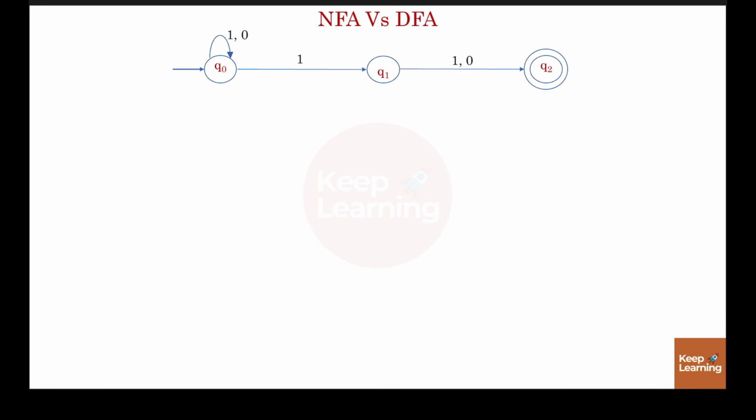Suppose this NFA is given to you and you have to identify whether it can accept this string or not. So the first input is 0. Q0 is our initial state. From Q0 by taking 0 you can reach Q0 only, and then by taking 1 either you can reach Q0 or you can reach Q1.